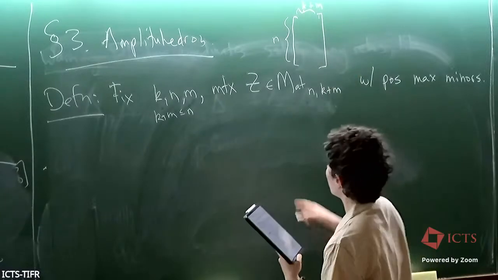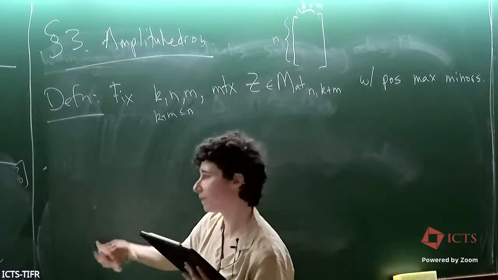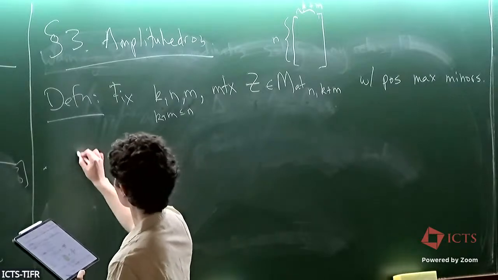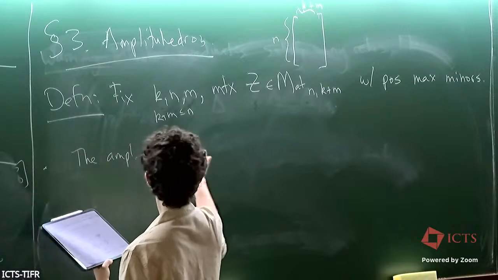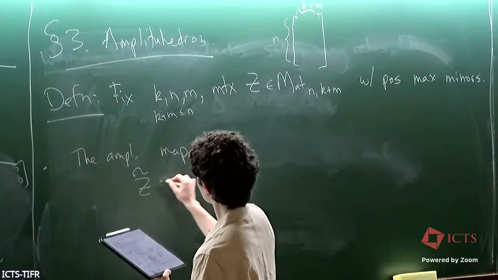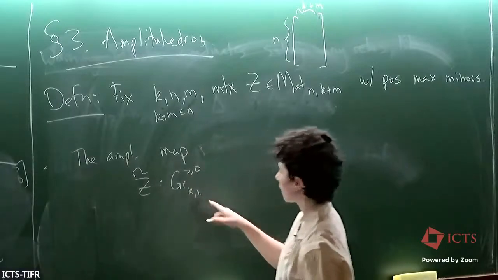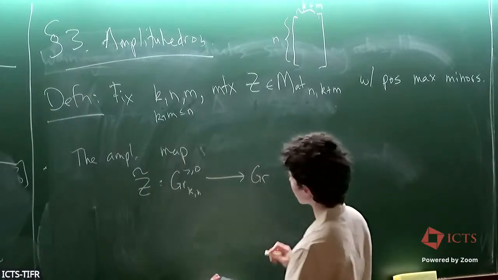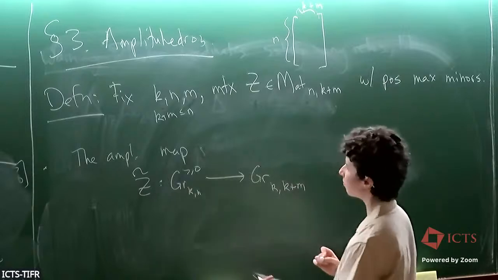I'm going to use this matrix to define the way I'm going to squish the totally non-negative Grassmannian. So the Amplituhedron map, I'm going to write this as Z tilde. It takes me from the totally non-negative GRKN into a different Grassmannian, GR k, k plus m.